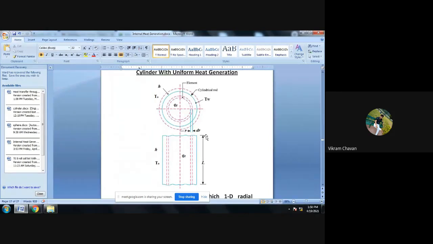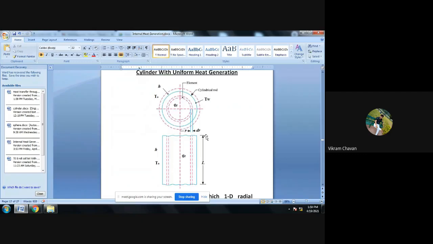Okay, we'll start the lecture. So in the last lecture, we discussed heat generation in the wall, and for that we considered two cases. Case number one is when both the surfaces of the wall have the same temperature, that is TW.